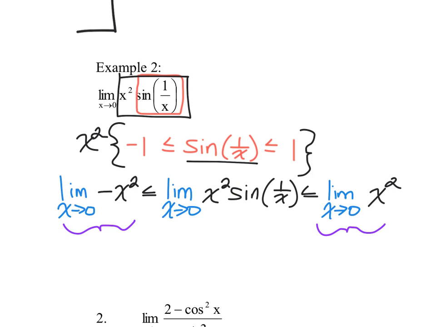The two outers we should be able to get just by using analytic approaches, aka substitution. So plug in a 0 for x and you get a 0. Plug in a 0 for x and you get a 0.